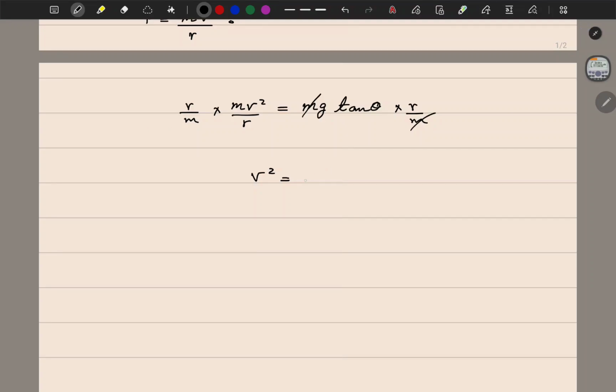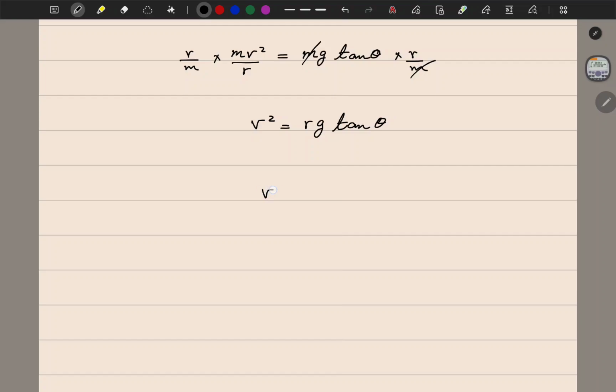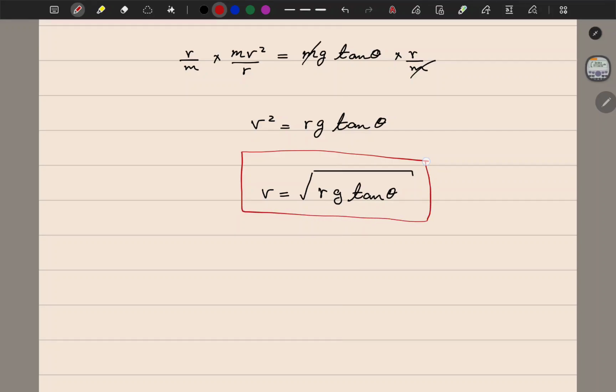So v squared equals r multiplied by g multiplied by tan theta, and so the velocity is equal to the square root of rg tan theta. And the unit is meters per second.